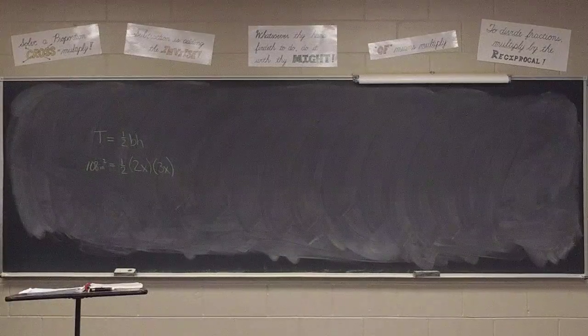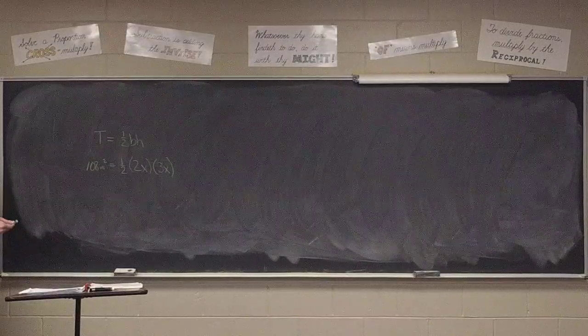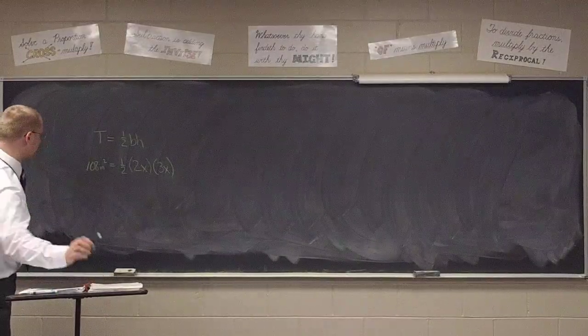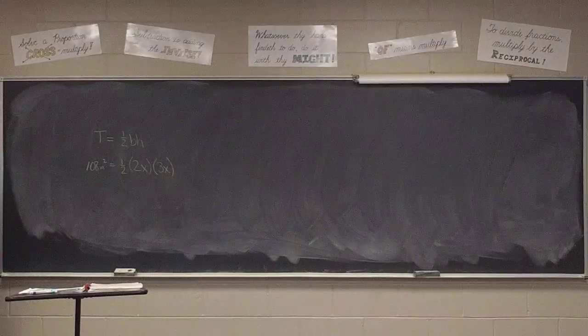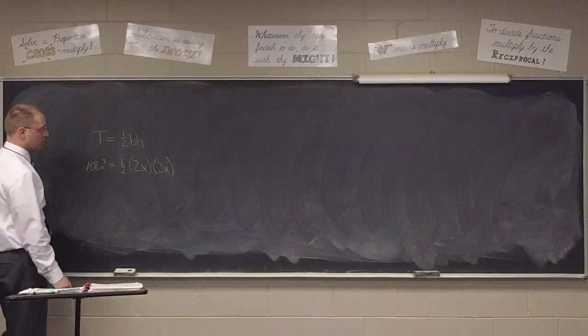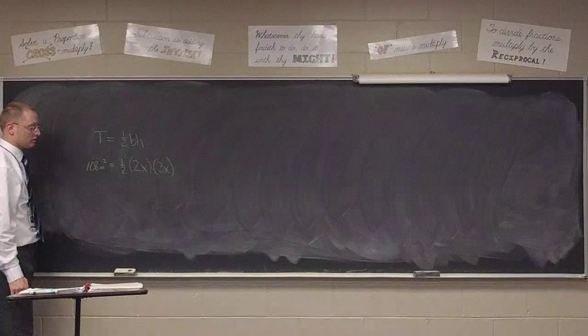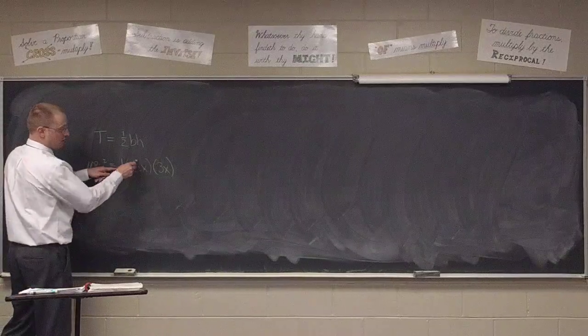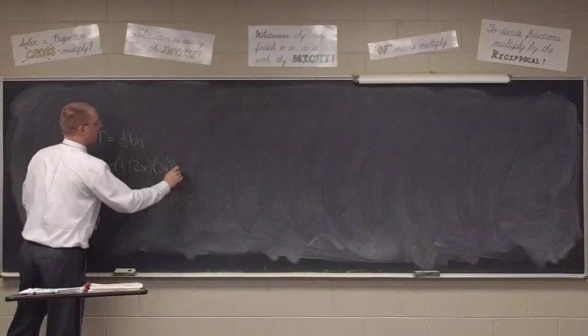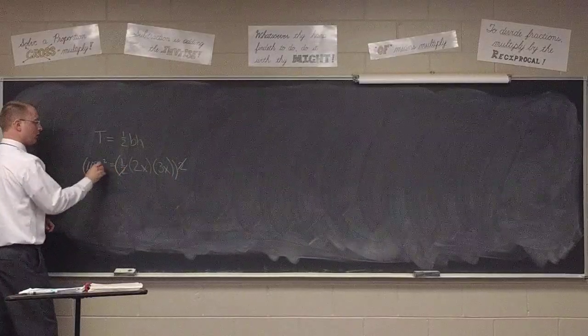All right. Thoughts on what I might do to simplify some things here, Genesis? I could also just cancel these 2's with each other, or I could multiply by a separate 2 on both sides.